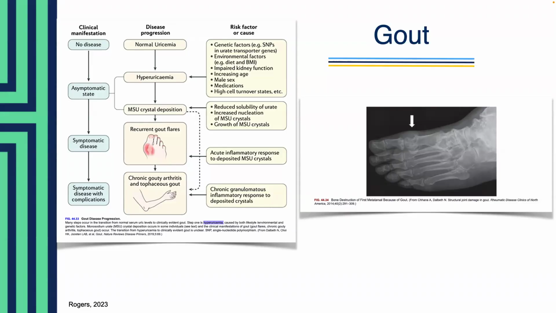Now, there are some complications, which we know, as we talked about the disfiguring lumps, the joint damage, but kidney stones can also be a complication of gout. And that's because the uric acid crystals can form stones in the kidneys or the urinary tract. It can also lead to chronic kidney disease. Long-standing high uric acid levels may impair kidney function over time.